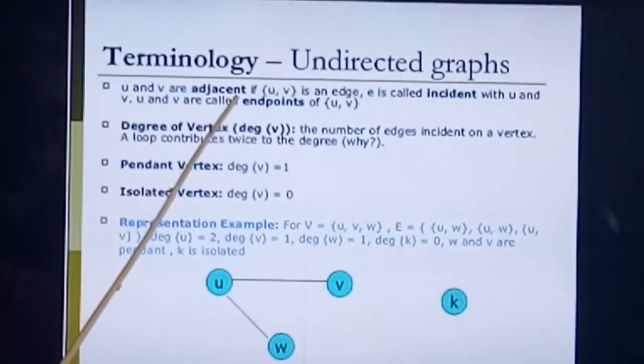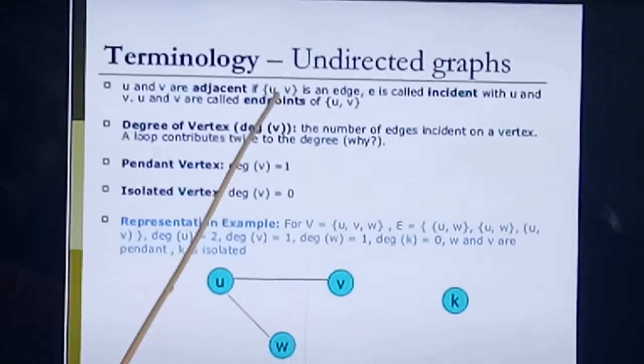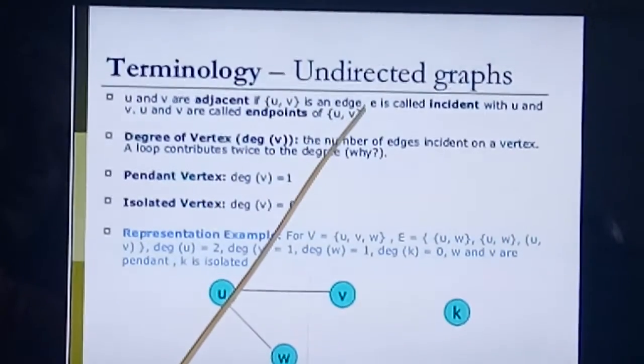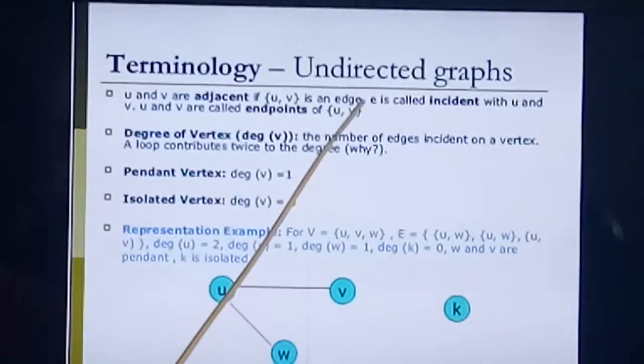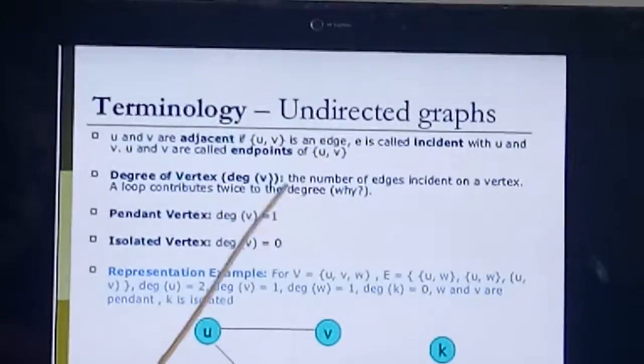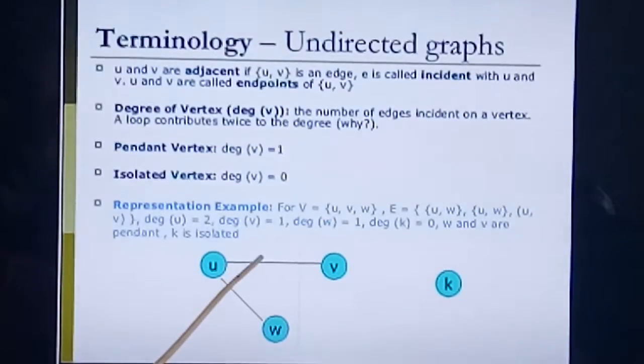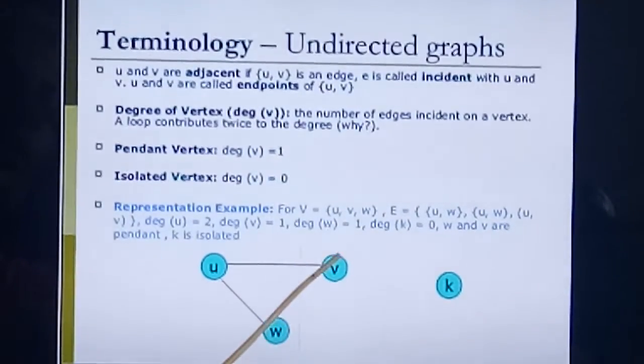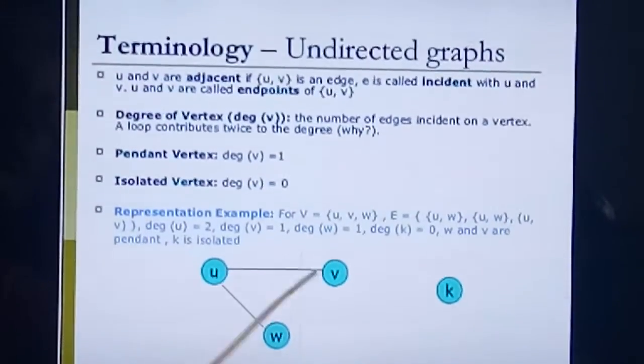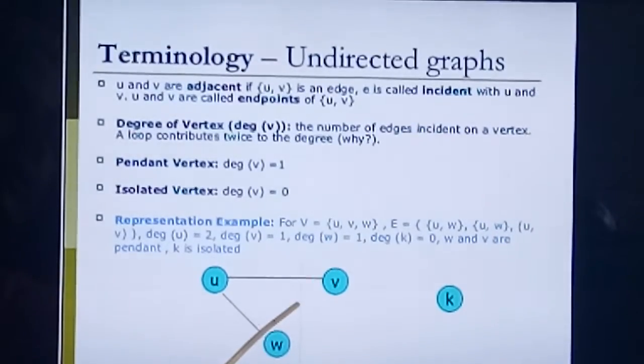U and V are adjacent if (U, V) is an edge. That is, if U is connected to V, then there is an edge that exists between U and V. You call the vertices U and V adjacent vertices.